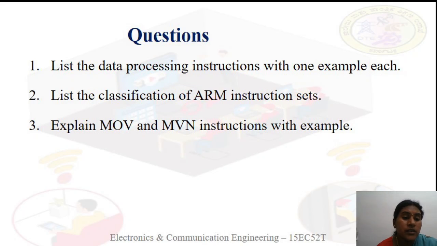Then the third question they can ask is: explain MOV and MVN instructions with example. Students, you write what you mean by move, why it is used and its syntax with one example. Similarly for MVN, which means move negative, write its syntax and give one example for each.